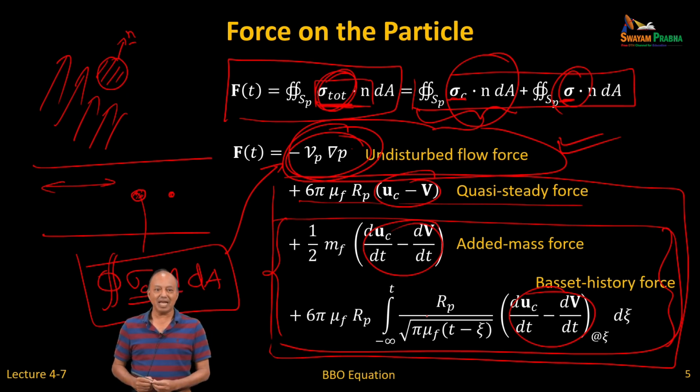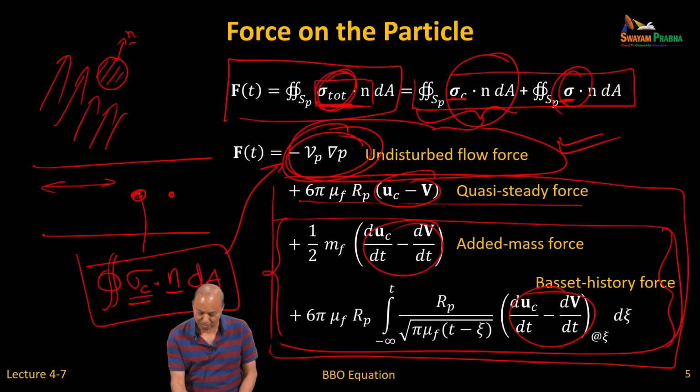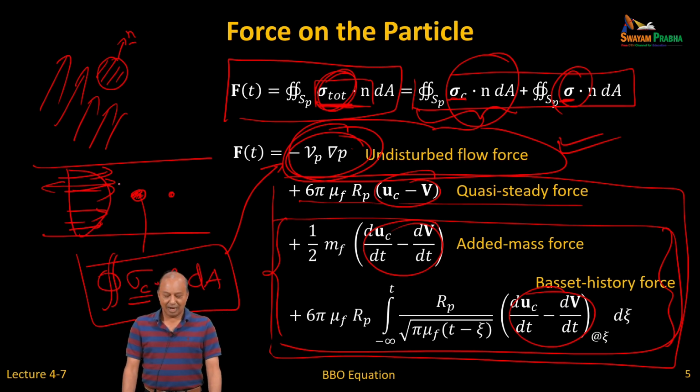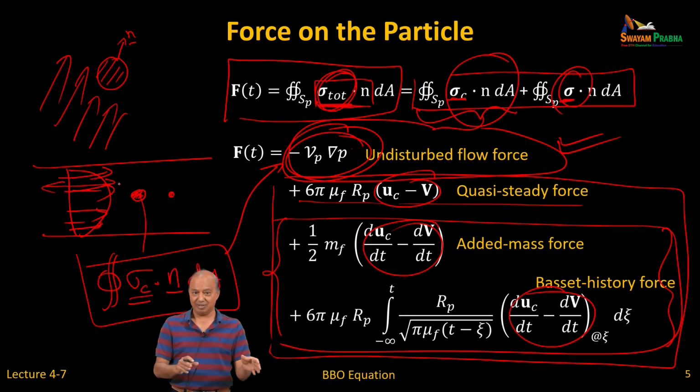Galilean invariance says that, say, if you have a pipe flow, so this particle is stationary, and let's say the fluid is flowing, a parabolic velocity profile. Now this is in a lab frame, so the particle is stationary and the flow is coming left to right. Suppose you take this and you mount it on a car or a truck and you are moving at constant velocity. Galilean invariance applies to an inertial frame, not an accelerating frame.